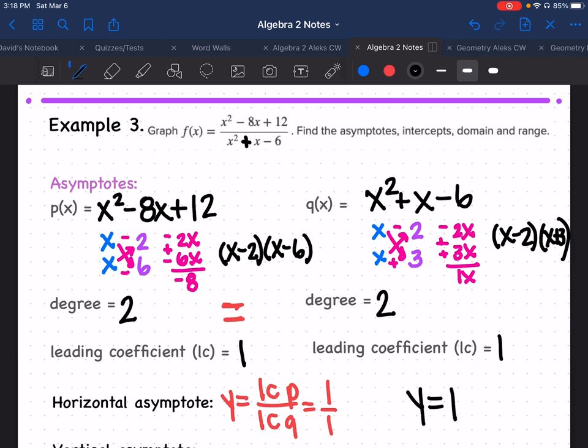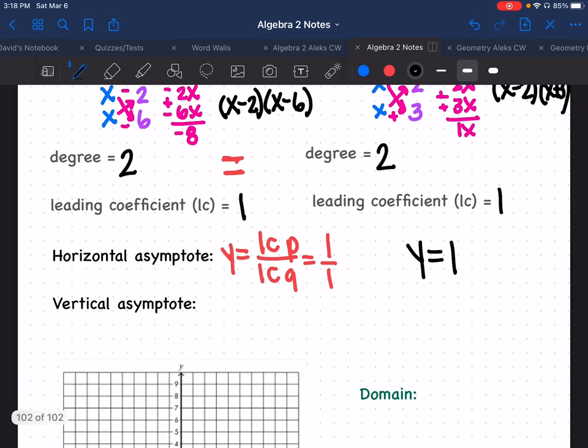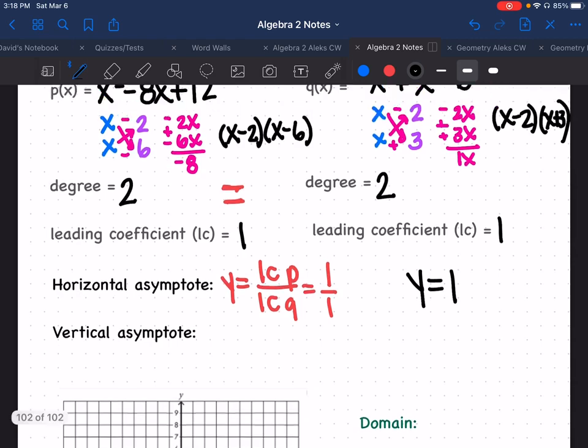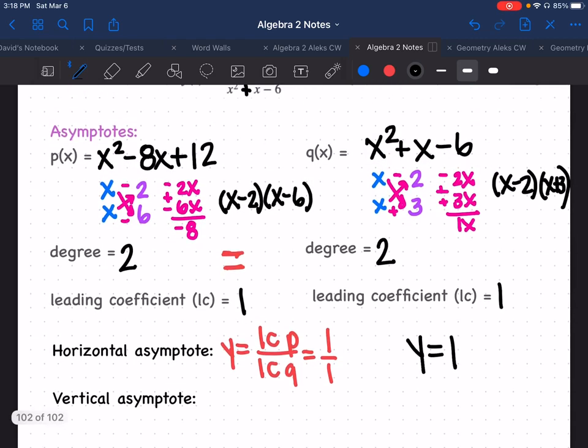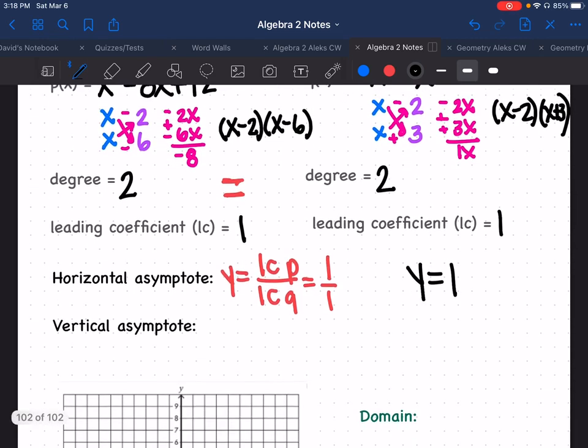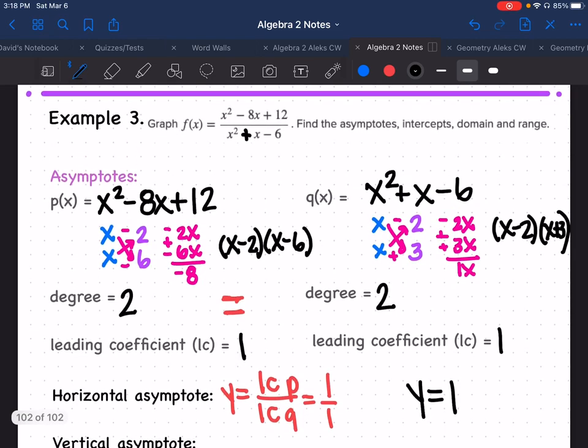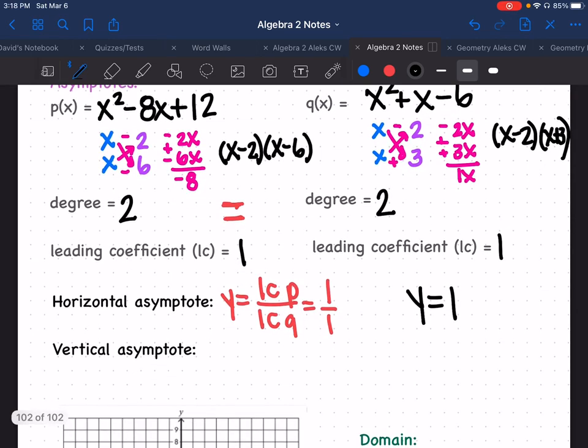Now I have to be a little bit more careful with my vertical asymptote. Remember we said that you would factor the denominator and you would use these to find your vertical asymptotes.